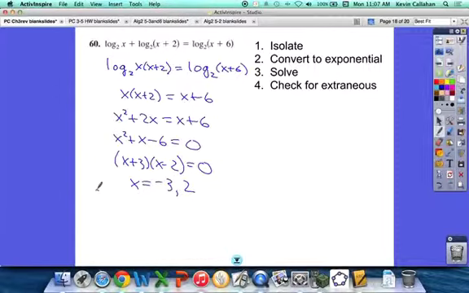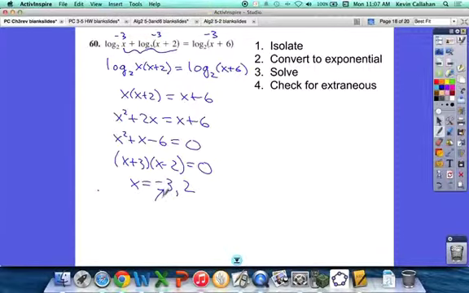Okay, the last step, check for extraneous. What does that mean again? Go back to the original equation and see whether you have any log of a negative number or log of 0. Let's see. If I put in the negative 3, a negative 3 here and here and here, then definitely both of those are negative. Can't do it. So that's extraneous.